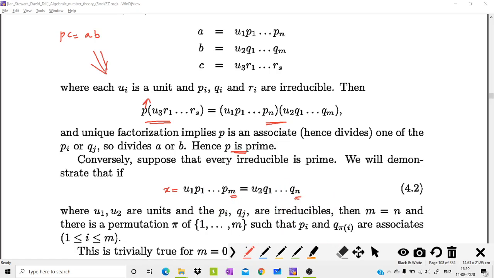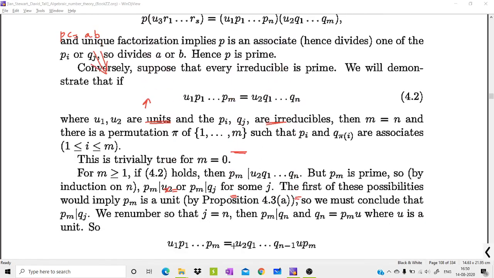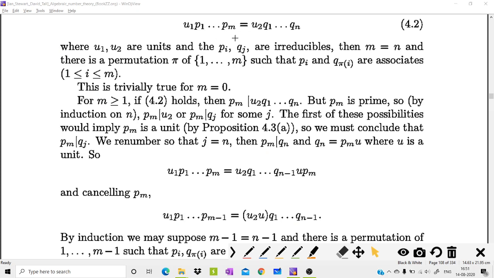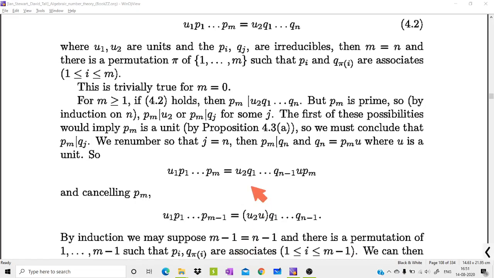On the other hand, we need to use the induction hypothesis. For that, we assume u1 p1 etc. pm is equal to u2 q1 etc. into qn. Then our induction assumption is that the result is true for all the integers which are less than m, and we will prove the result is true for m. So first we consider pm here.